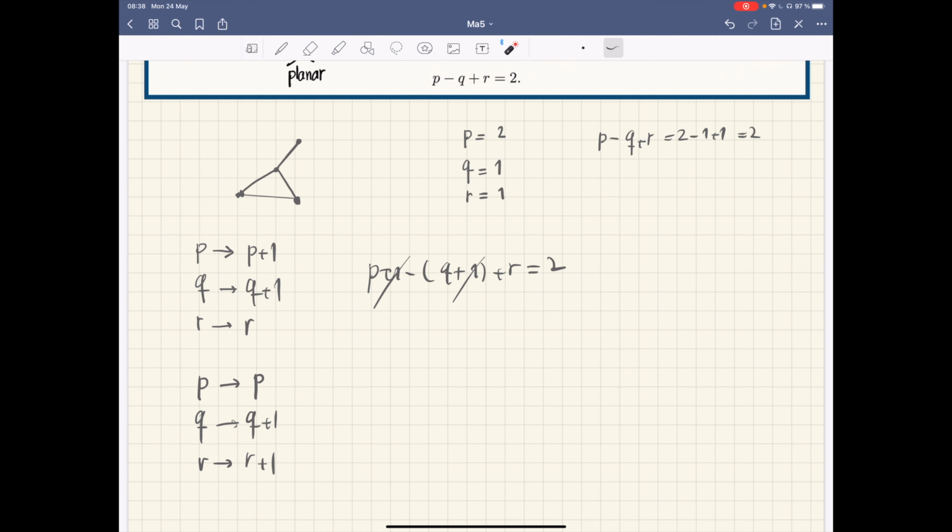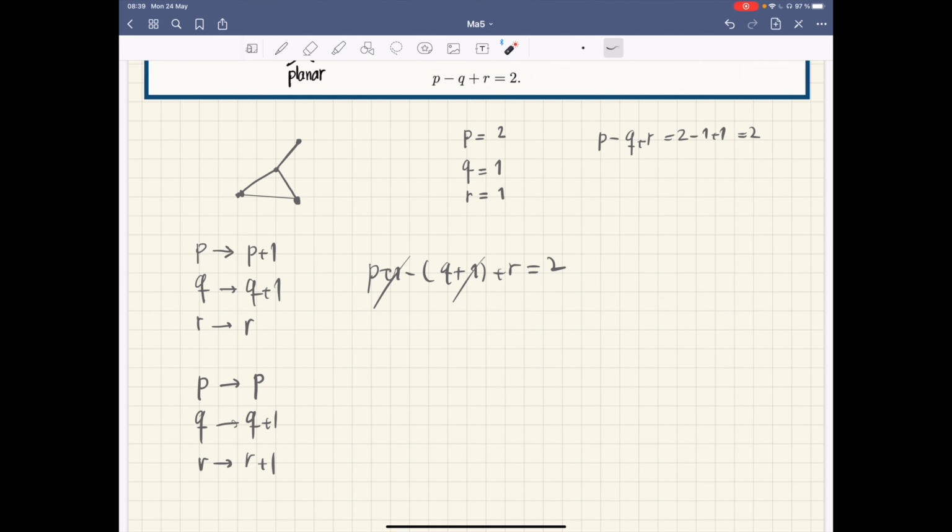But now if I have this scenario, what is happening? I am increasing the number of edges by 1 unit. I am not affecting the number of vertices, but I am also adding 1 to the number of regions. So if I start from a graph for which P minus Q plus R is 2, by completing my graph, this number will remain invariant. It will not change.